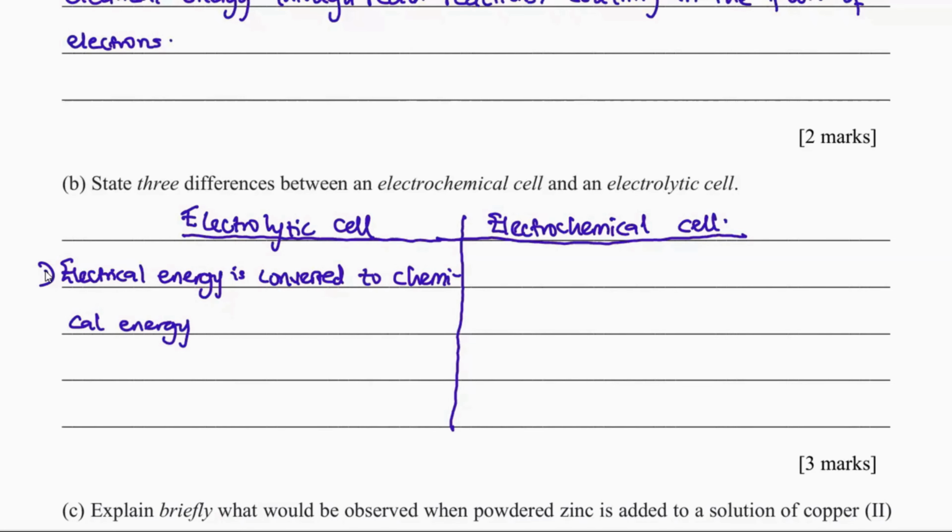While the reverse is the case for the electrochemical cell, here chemical energy, just as we saw in the definition, chemical energy is converted to electrical.